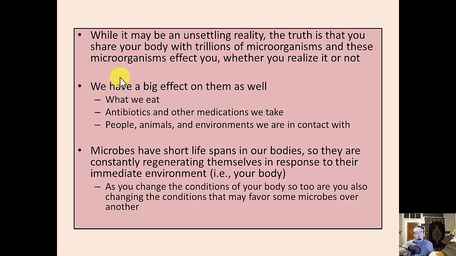And the opposite is true if you're eating lots of fiber. Because they have a short lifespan, they're really impacted by the short-term things that you do in everyday life: food, interaction with other medications, things like that.